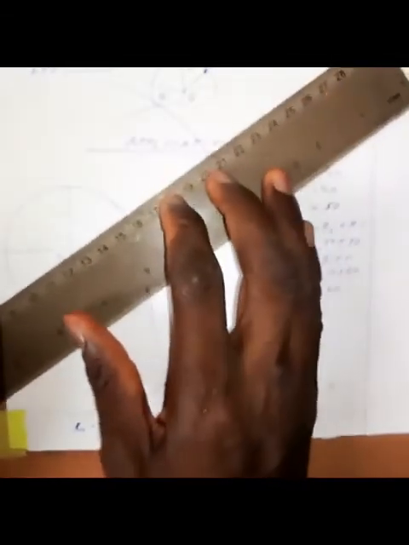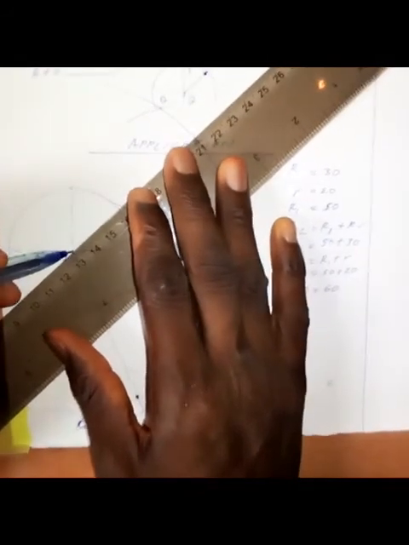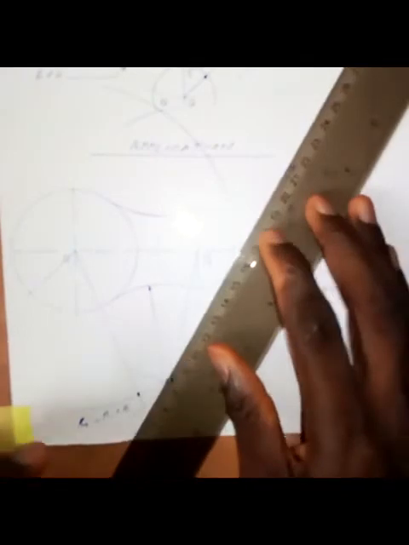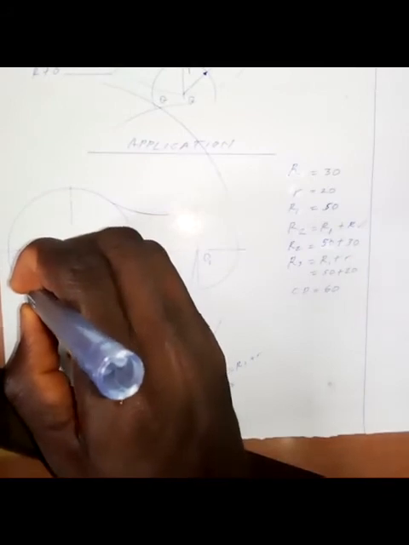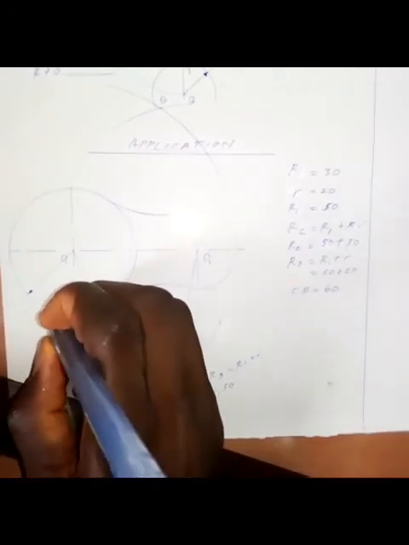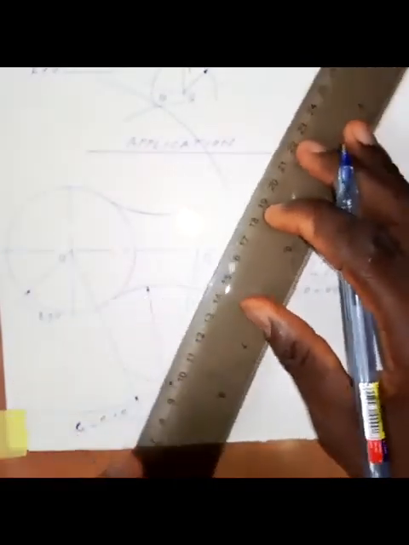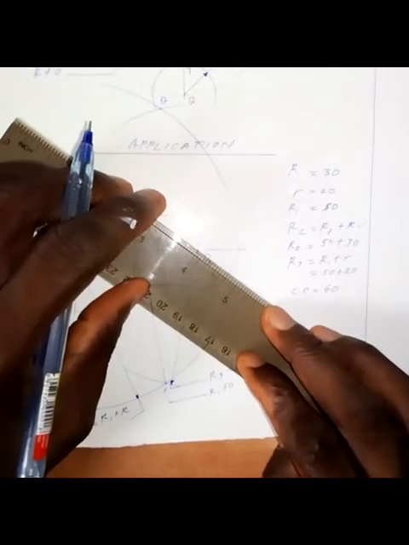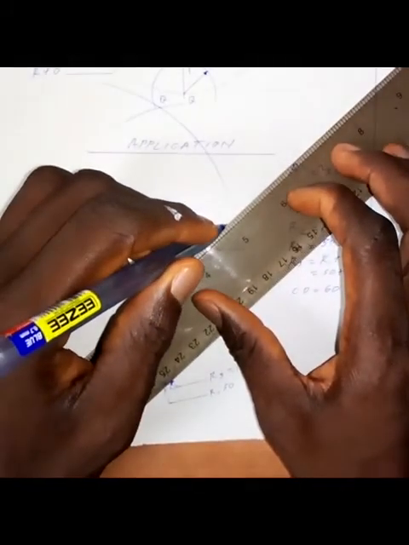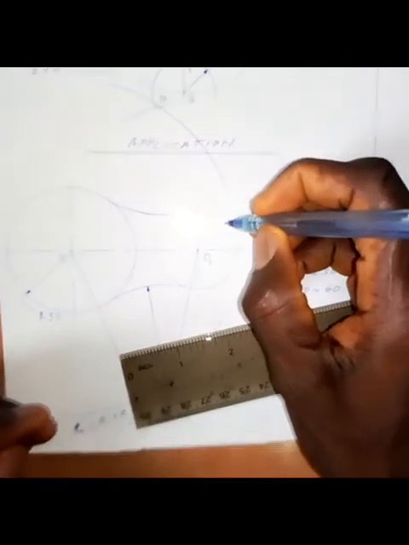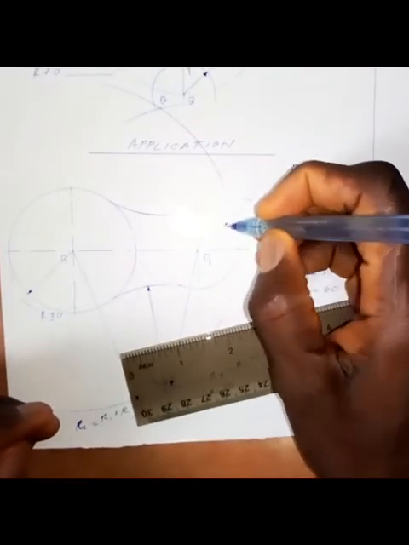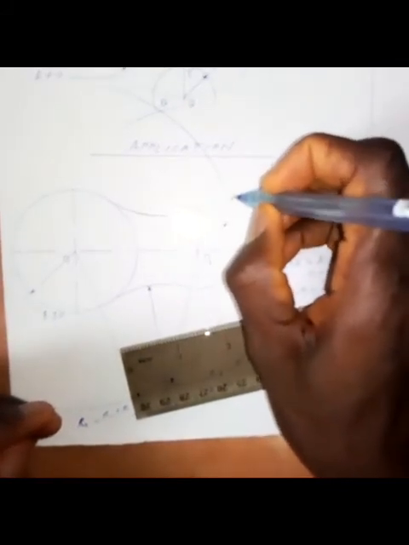So the radius of this circle is R, which is 30, and the radius of this circle, small letter r, is 20.